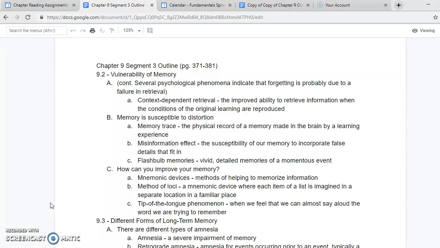And the first definition we talk about is context-dependent retrieval, which is the improved ability to retrieve information when the conditions of the original learning are reproduced. Now, this is why some people believe that some students prefer to take exams or tests for a class in the same room or place where the lectures are given.